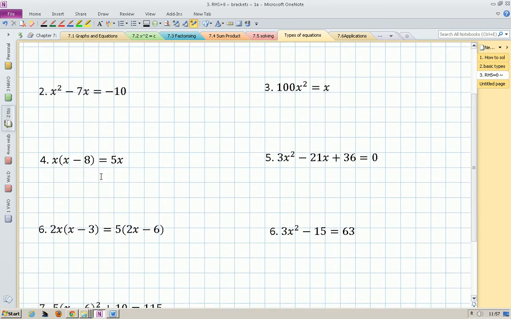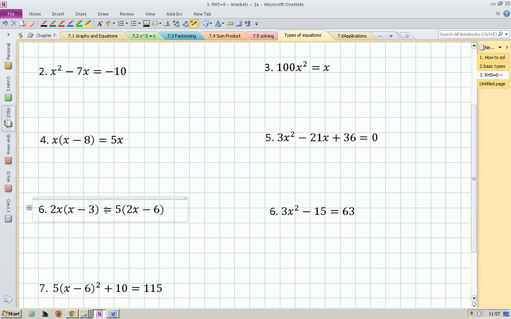We've got brackets here not equal to 0, but equal to 5x. This is something we've not yet seen because it has a 3 in front of the x squared. In other words, you cannot factor it immediately with the sum product method. And here's an equation with a slew of brackets and complexity.